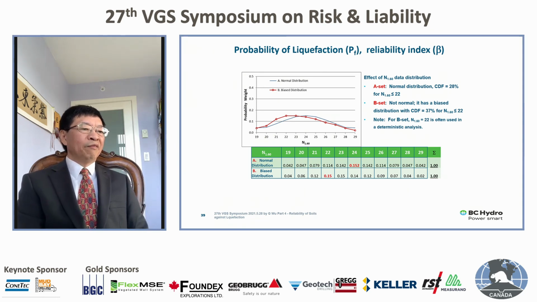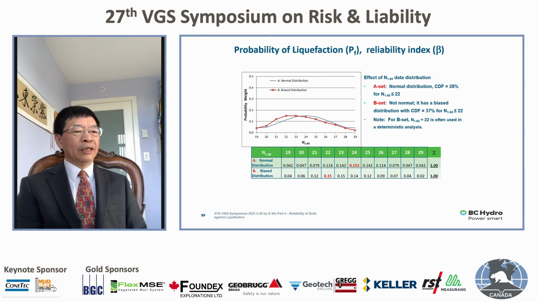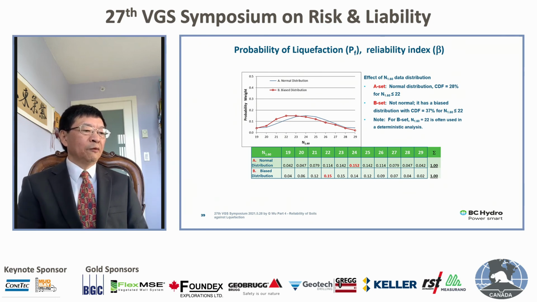Now, since we have done the verification for the normal distribution, the idea is, okay, if I don't get a normal distribution for N160, what happens? So this is another site or another assumption for the set B of the N160, with the N160 from 19 to 29, but with different variation in red in the figure.